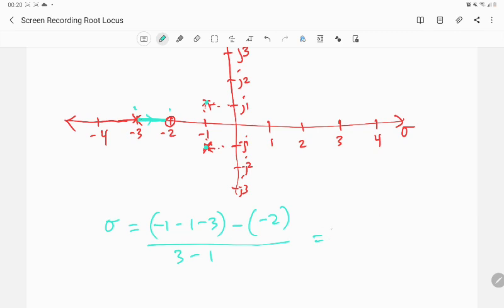And this is going to give you -5 plus 2 over 3 minus 1, which is -3 over 2.